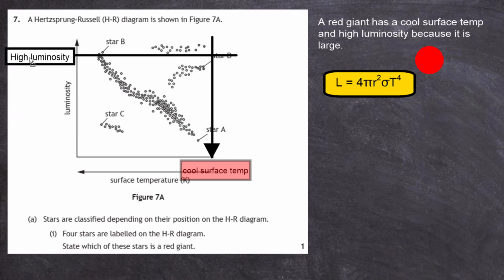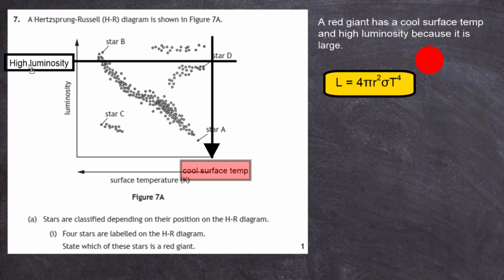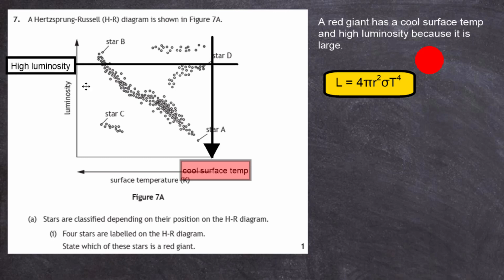So high luminosity stars will be up in this region here. So the only star that fits the bill there is going to be star D. So star D must be a red giant. It's got the line of cool surface temperature, red colour, and it's very up high in the HR diagram, which means it's got high luminosity. So the red giant is star D for 1 mark.